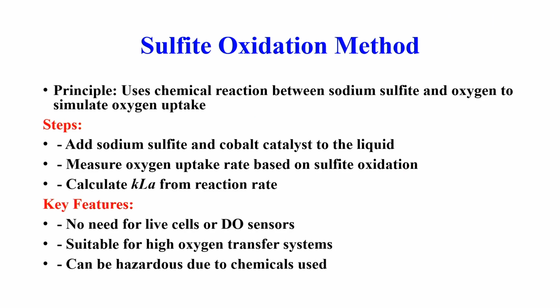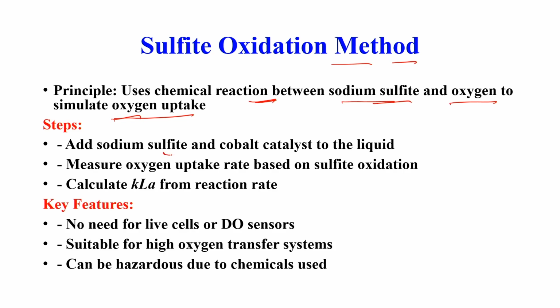Now, the last method we will be discussing is the sulfide oxidation method. So, this is a chemical reaction method. There will be a reaction between sodium sulfide and oxygen, and in this way oxygen will be consumed. So, basically this chemical is simulating the oxygen uptake.